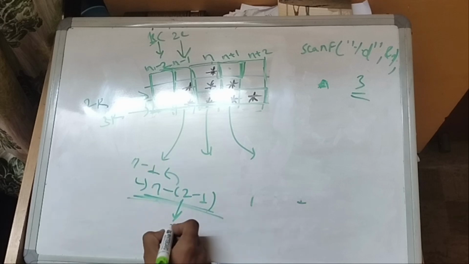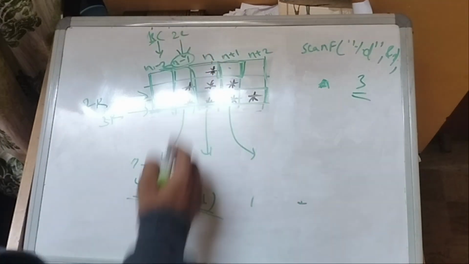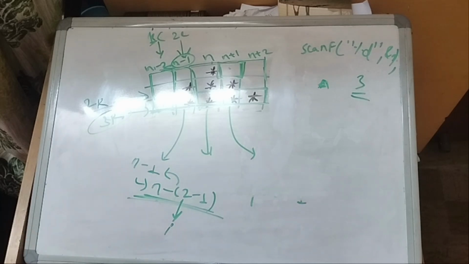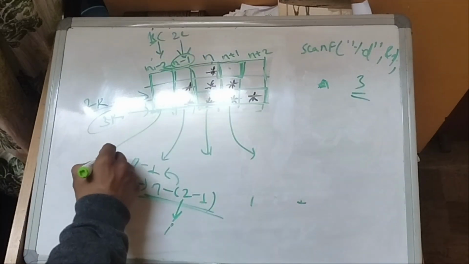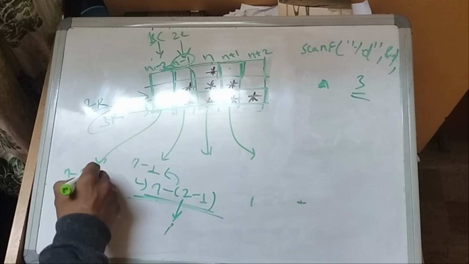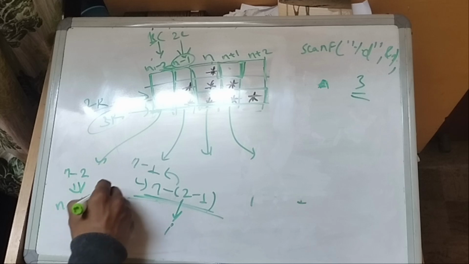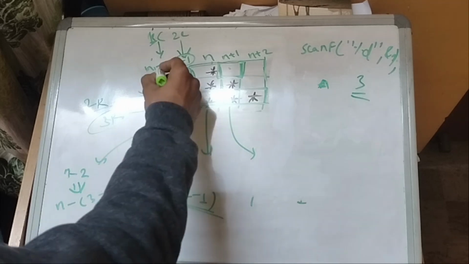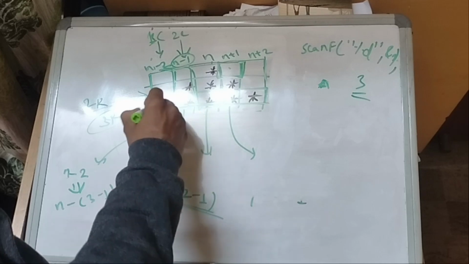So we are converting the column equation into the row equation by doing this. Even if you check this, that is n minus 2, we can convert it to n minus 3 minus 1. 3 is the starting star space here, like a matrix.